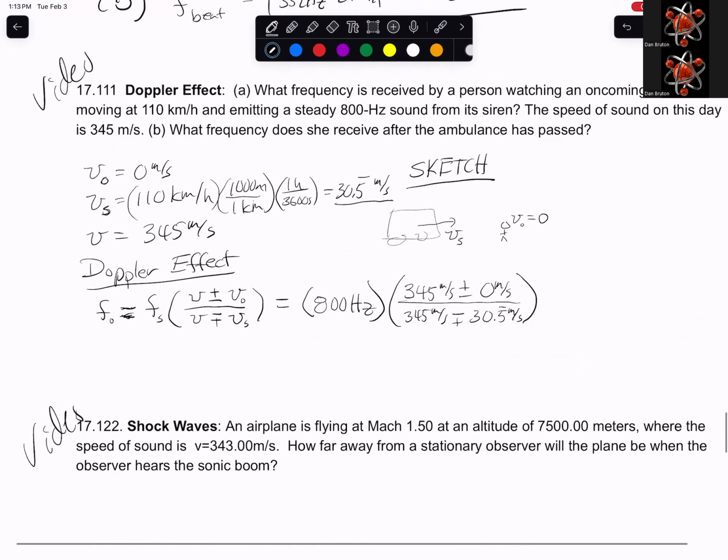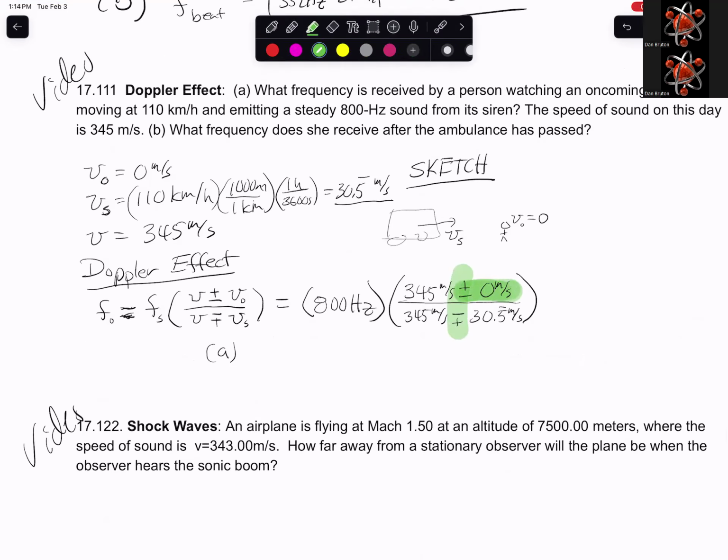On this one, part A, we didn't finish this one up, but when the objects are approaching each other, it's all about adjusting these numbers right in here. Now, because of the zero, the top doesn't really matter, but if these two objects are approaching each other, you use the top sign.